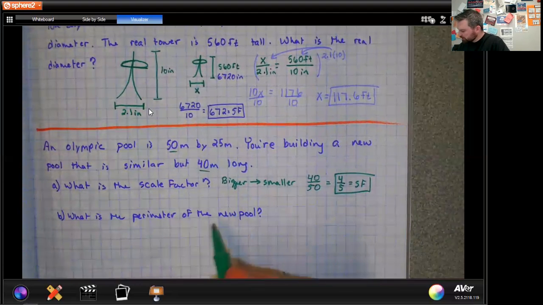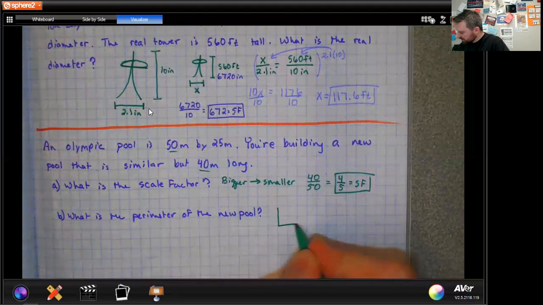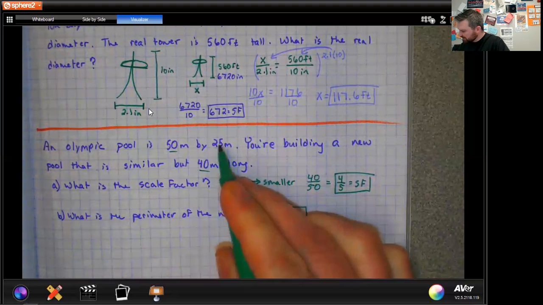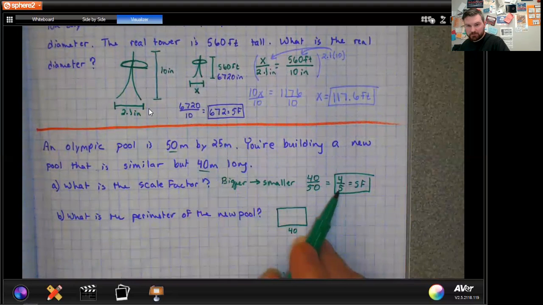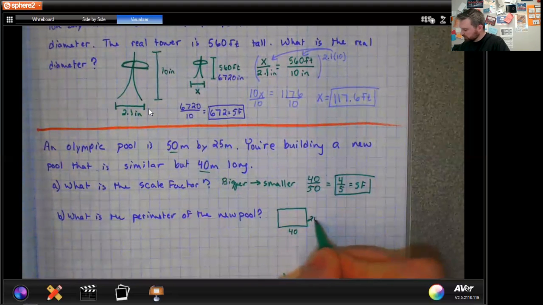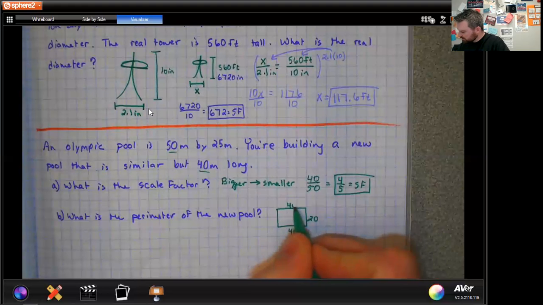So what's the perimeter of the new pool? Well, we just said it is 40 meters long. This side would be 25 times 4/5, or 25 divided by 5 is 5, times 4 is 20. So this side is 20, this is 40, and this is 20.